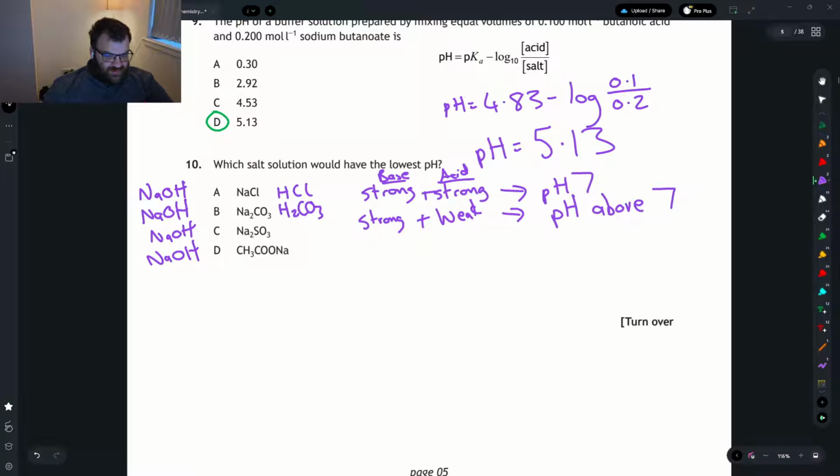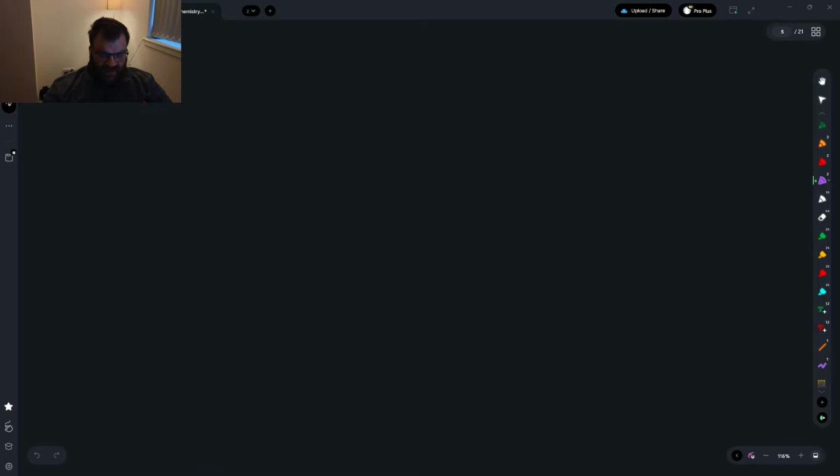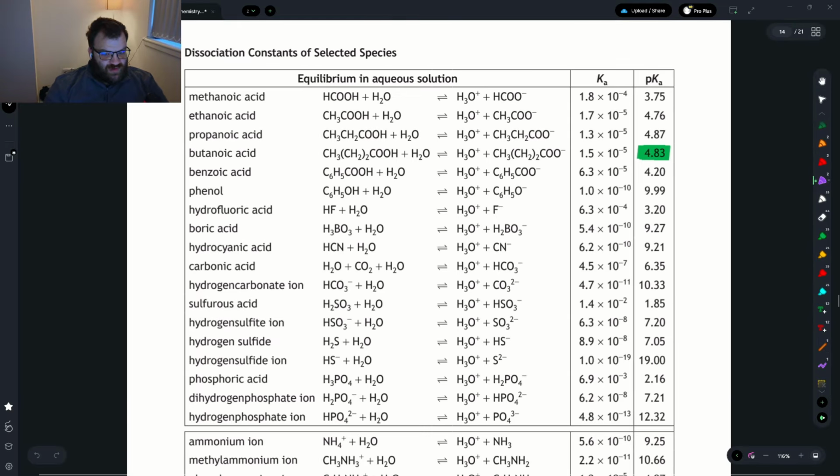Now, something to watch out for here is we're talking about SO3, so it's not going to be sulfuric acid, H2SO4, which would be a strong acid. We're dealing with sulfite, which comes from sulfurous acid, H2SO3, a weak acid.